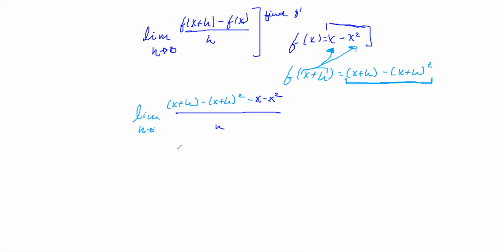Awesome. Okay. All right. So then we're going to simplify it. We're going to say the limit of h as it goes to 0. This is going to be x plus h minus x squared plus 2xh plus h squared. So that's what this is.